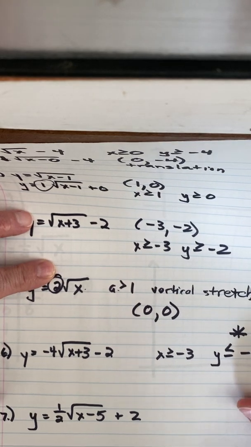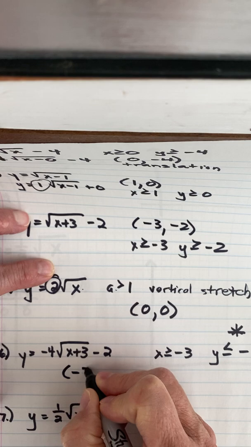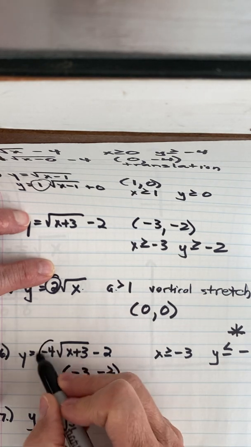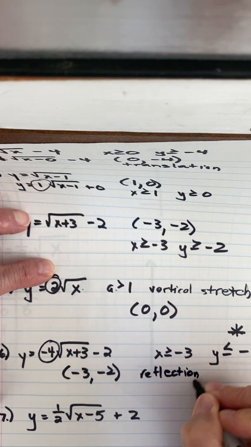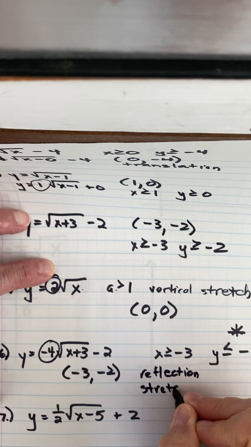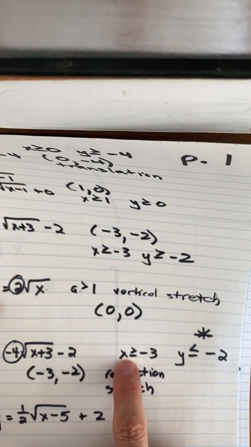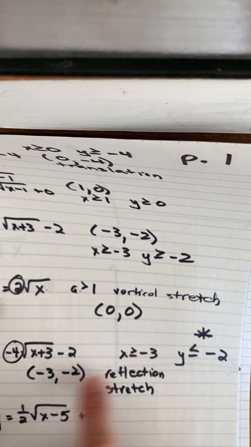Now, let's look at the next one because there's a lot going on. Now, we know the vertex is going to be negative 3, negative 2. We know this is going to be a reflection and a stretch. The curious thing here now is, though, why do you think the domain is x is greater than or equal to negative 3, which is what we expected?